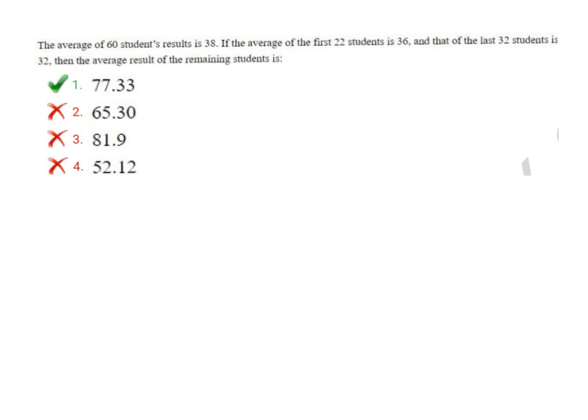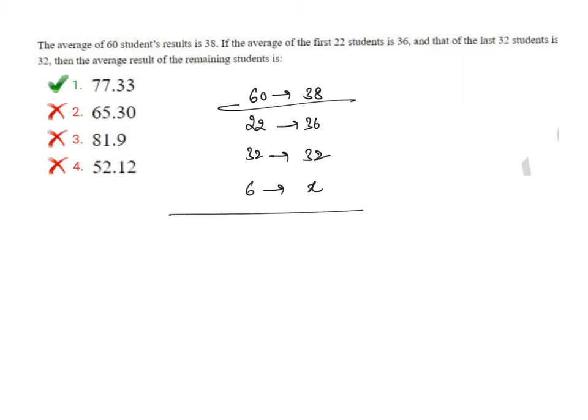The average of 60 student results is 38. Average of the first 22 is 36. Last 32 is 32. Then the average of the remaining members, actually 6 members, let the average be x. Now 38 is the actual average, so I am finding the difference and multiplying it with the respective frequency.